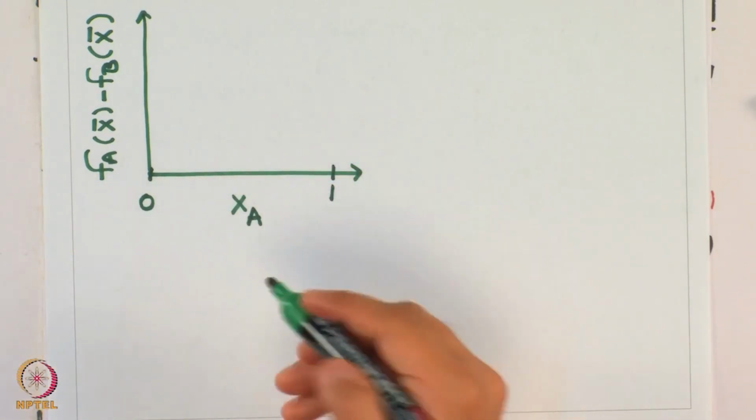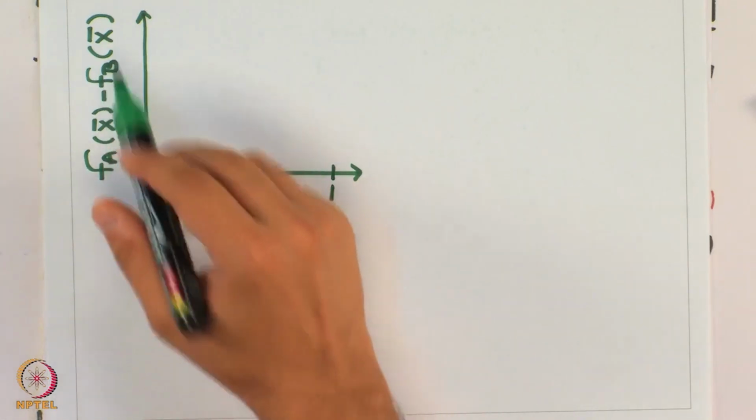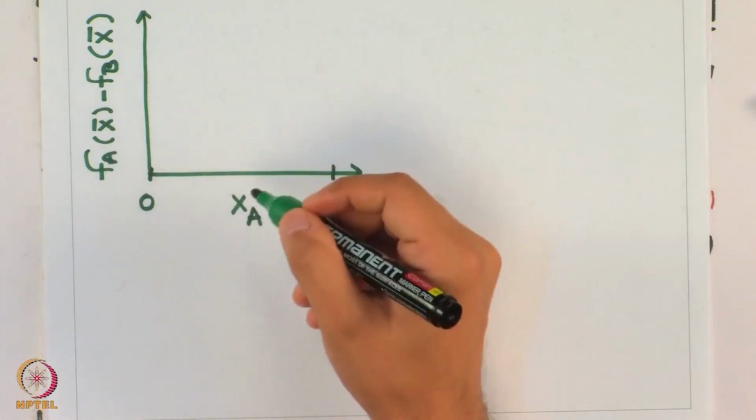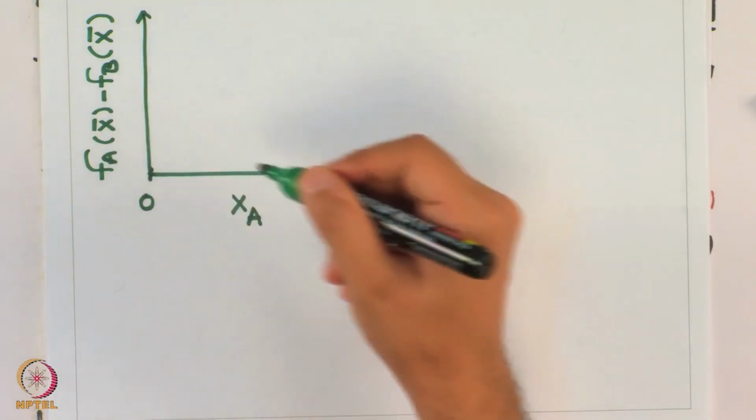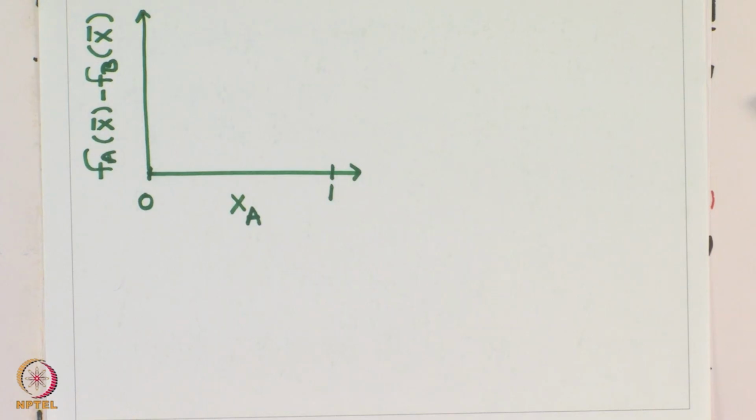So, again let us imagine, this will be all A's, this will be all B's, and this is f A of x minus f B of x at all particular values of the variable x A.